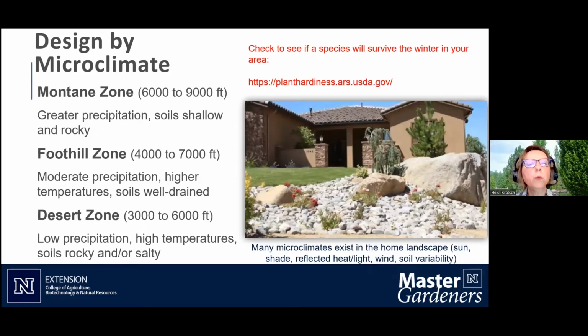One of the concepts that we use for planting any kind of landscape is designing by microclimate. As I mentioned, in Nevada we have a lot of microclimates, and even at the scale of your own yard, you might have microclimates that are different in sun exposure or shade, reflected heat and light, wind, or soil variability.